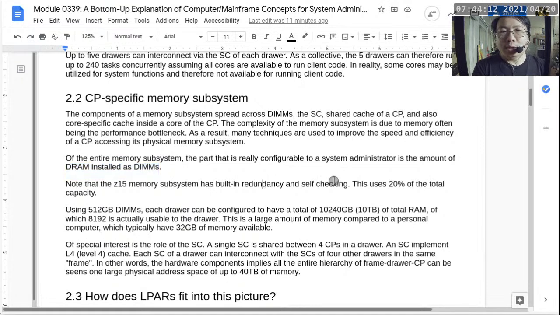So self-checking refers to the ability to detect that a memory module has gone bad. Because one of the worst things that can happen is not knowing there's a hardware fault, and basically the system continues to operate not knowing the hardware is broken. So that can be very, very bad.